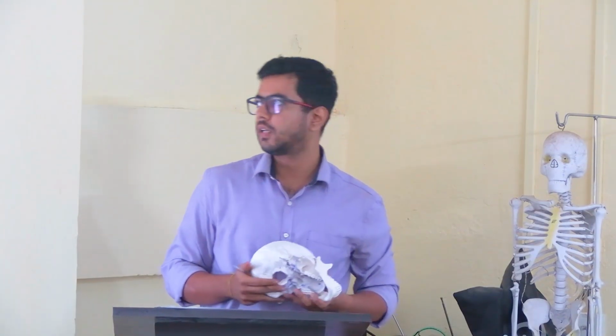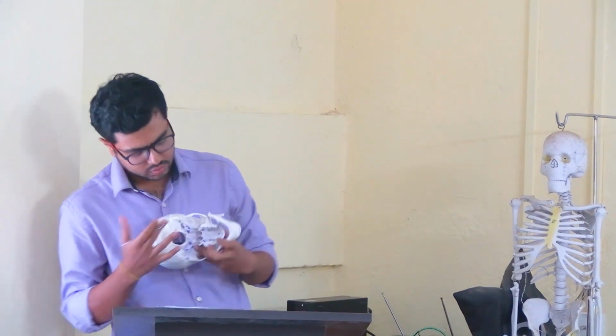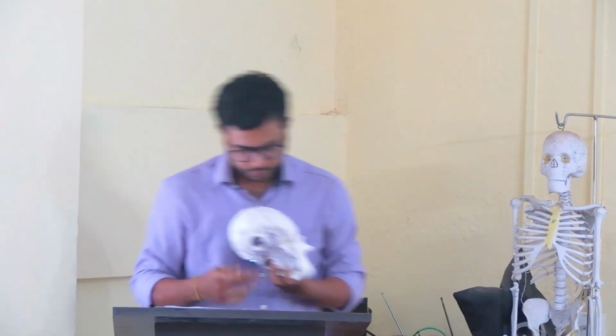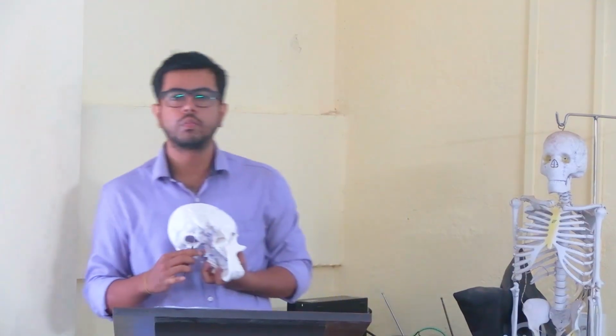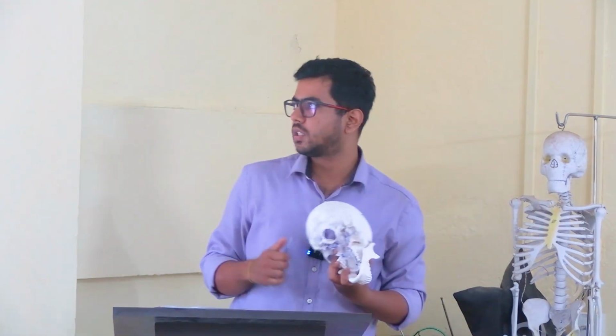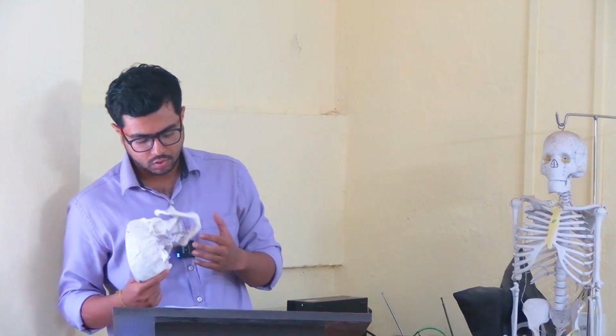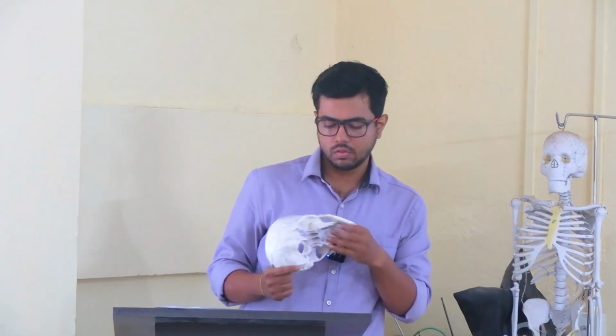Now in the viva also, if this specimen is given, they will ask you the names of these different parts of the skull, different bones, different foramens, and the structures passing through each foramen. So it is an important class.